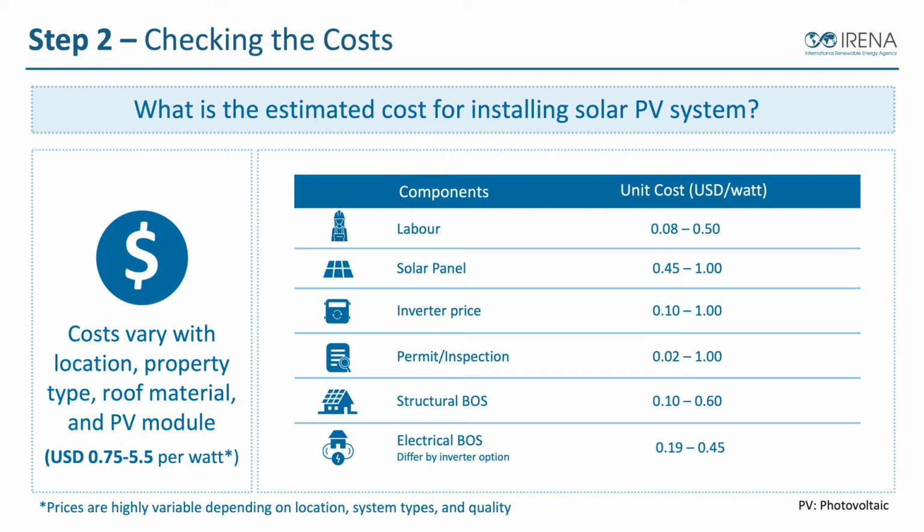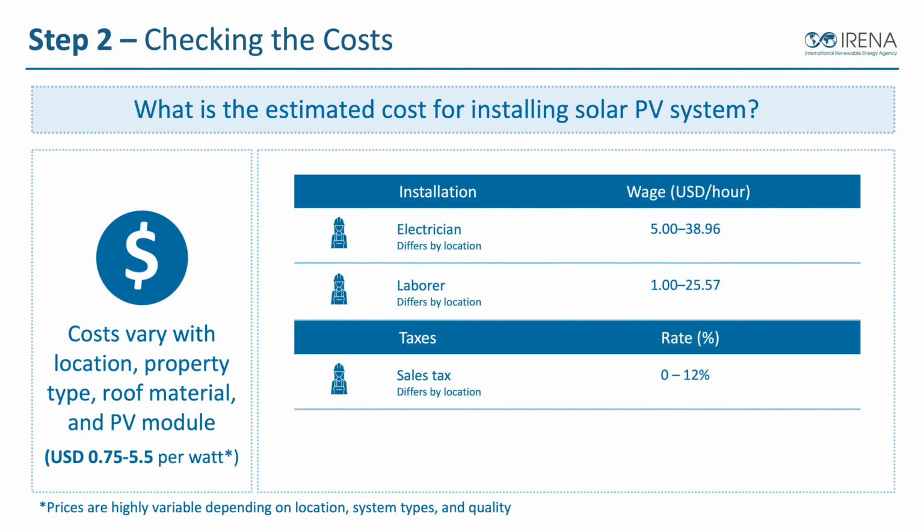Does it have batteries or not have batteries? Is it a very simple, easy installation with a great rooftop site? Or do we have to build a structure like a car park or an awning or something? And so that's the reason why these prices can vary so much: the system complexity can be a huge difference in range, and the installation and local labor prices can also be a big variable in range.